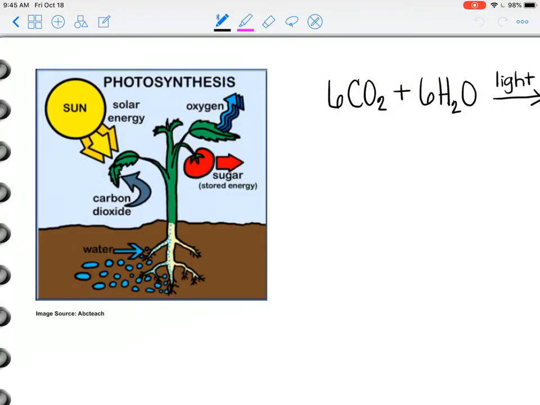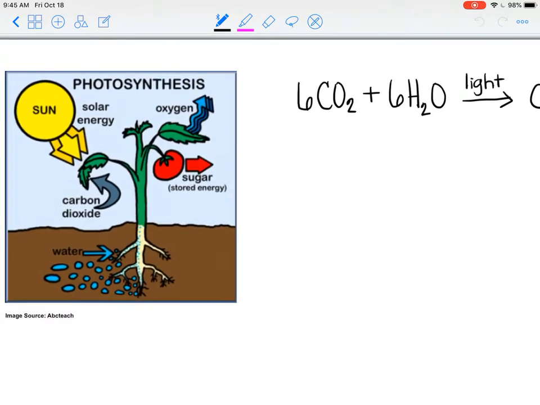And the chlorophyll and the chloroplasts in those green leaves allow that plant to trap that sunlight. Okay? So we also have carbon dioxide going in to the plant. We have water going into the plant.